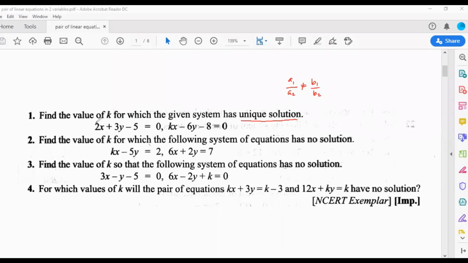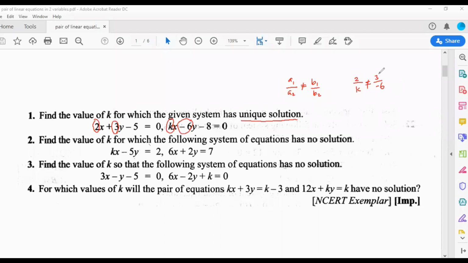So here A1 is 2 and A2 is k, and B1 is 3 and B2 is minus 6. So we can write 2 by k should not be equal to 3 by minus 6. This is the statement.